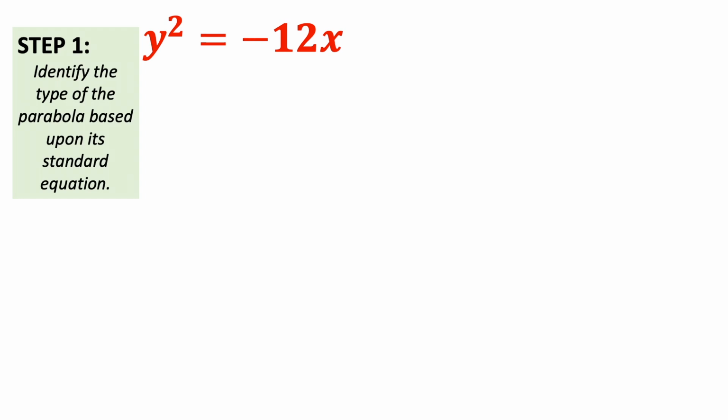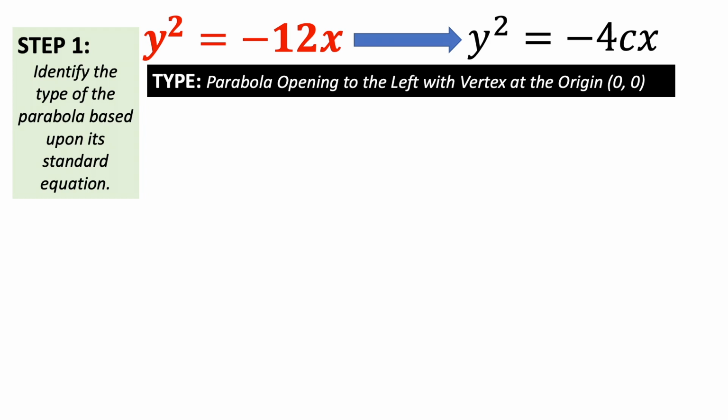We will carefully analyze the standard equation of our parabola to identify its type, or the image of its graph. Examine the left side and observe the sign of the coefficient on the right side. Since y squared equals negative 12x corresponds to y squared equals negative 4cx, we are sure that the parabola with vertex at the origin opens to the left.